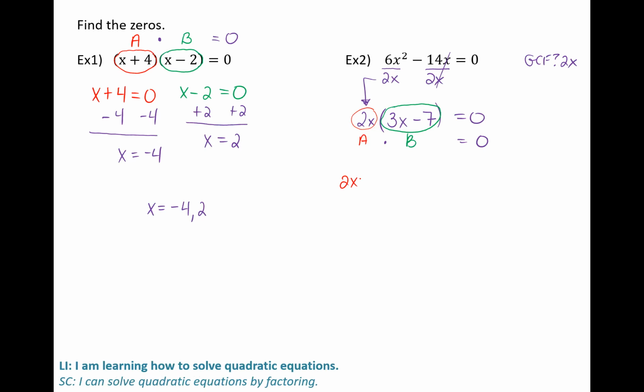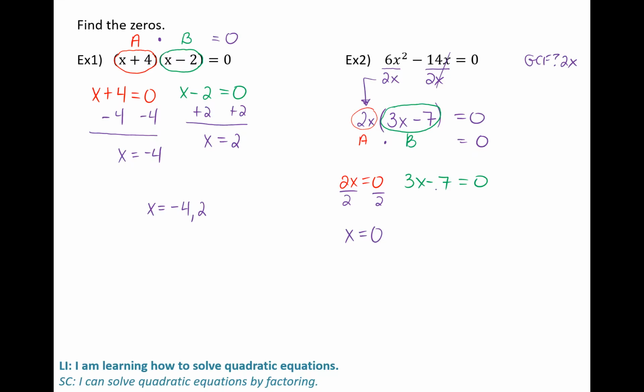So I'm going to say 2x equals 0 and 3x minus 7 equals 0. So those are my two parts. All right, now I'll solve them with just my regular writing utensil. So here, to get x by itself, I would divide both sides by 2, and I get x equals 0 divided by 2, which is 0.